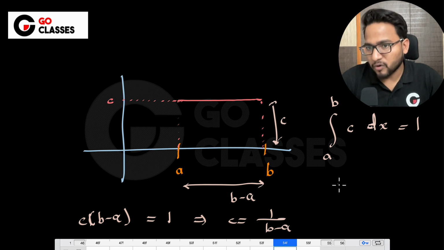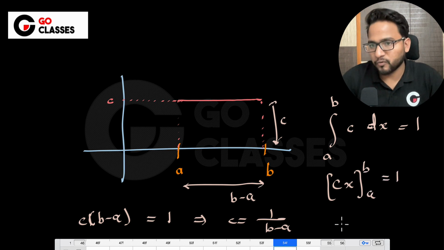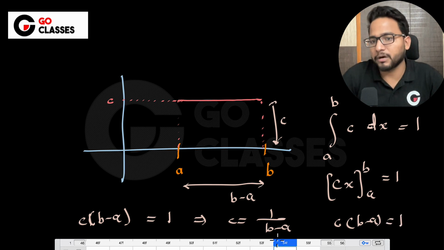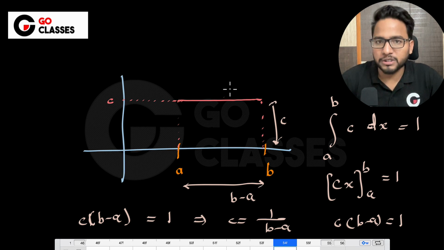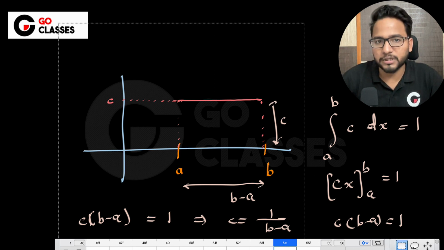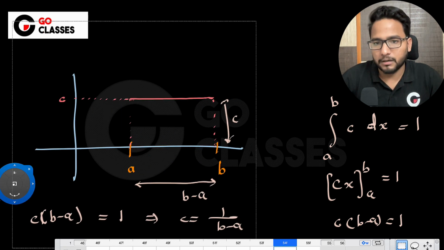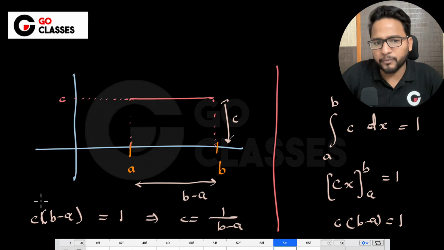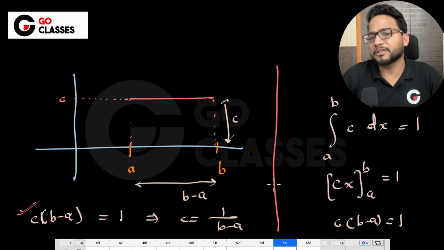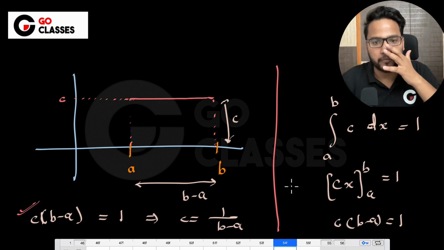If you solve, it will be c into x, and then you put the values of a and b. Then c into b minus a equals 1, and c will again be 1 upon b minus a. So either you do it this way or that way. We have discussed in the lectures that there are two ways: one using integration, another using geometry. But we prefer the geometry way. This is just to recall what a continuous uniform random variable is.